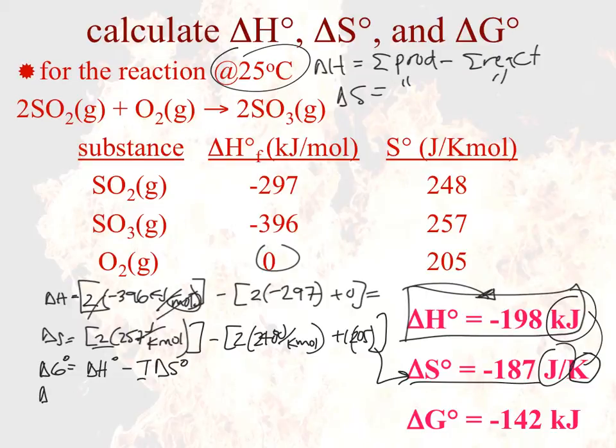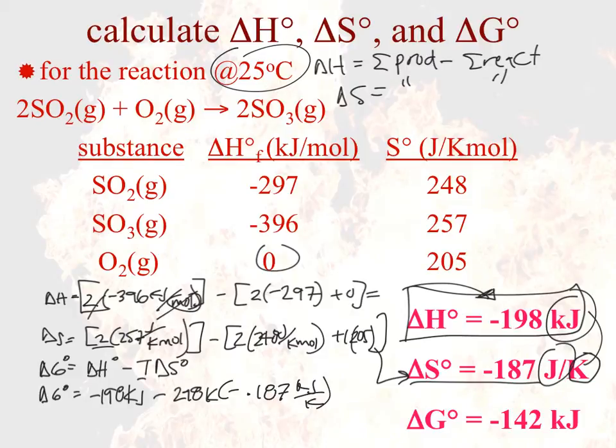Okay, so our delta G value, our delta G naught value is going to be equal to negative 198 kilojoules. Okay, and that's going to be minus 298 Kelvin times negative 0.187 kilojoules per Kelvin.